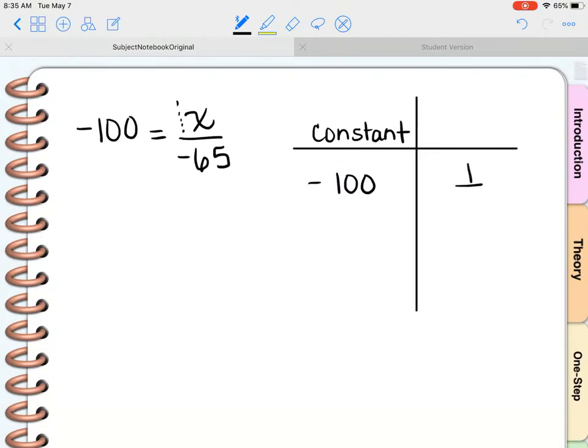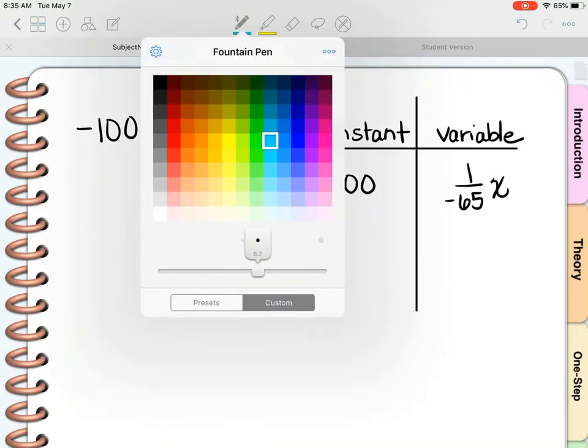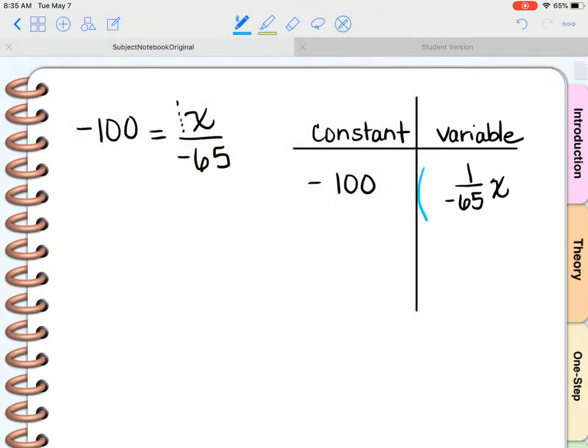The 1 over negative 65 x has the variable, and it is the fraction that we want to get rid of. So we're going to remember to take the sign. You don't want to leave anything behind on this side. So negative 65 over 1, and we cancel there.